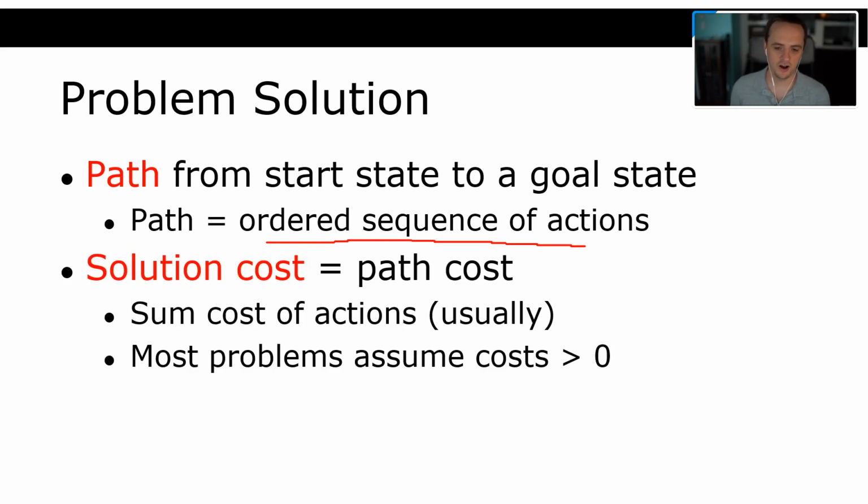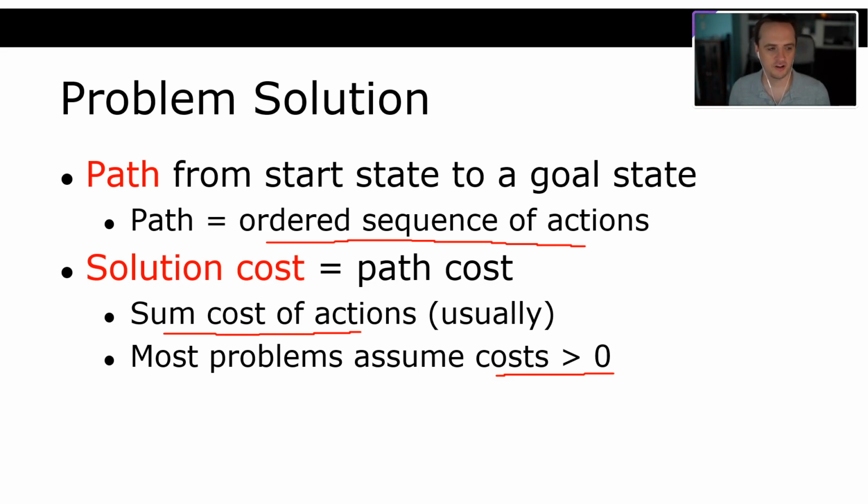The solution cost is then the path cost, okay? So usually this is the sum of the cost of the actions. In this case, it will be true. And in almost any problem that is a serious problem, the costs are all going to be greater than 0. Because when you talk about a cost, usually later on, we're going to be talking about minimizing the cost.